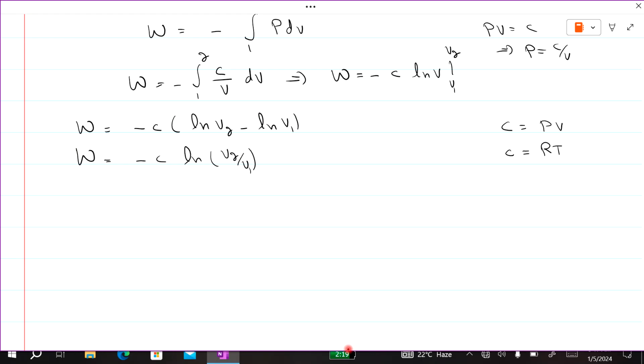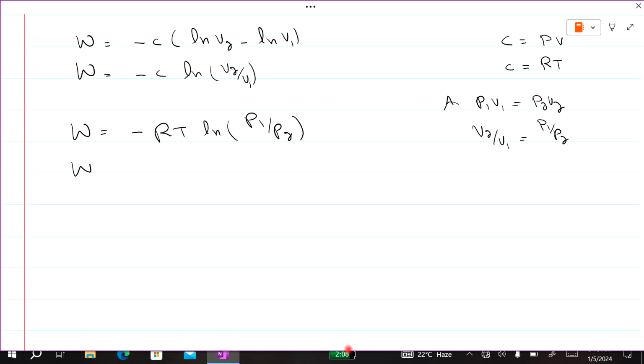And we know that P1 V1 is equal to P2 V2, so V2 divided by V1 is equal to P1 divided by P2. Put these values in the equation. So W is equal to minus RT times natural log of P1 divided by P2.